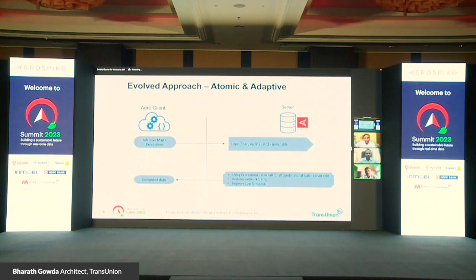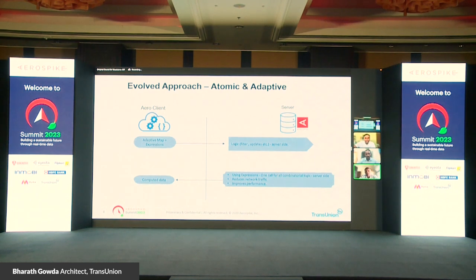Even that helped us resolve most of the issues we had in the first approach, where 20 to 30% of our transactions were failing because of generation errors. Now those things were resolved because of atomicity here, and this increased the performance of our write operations.